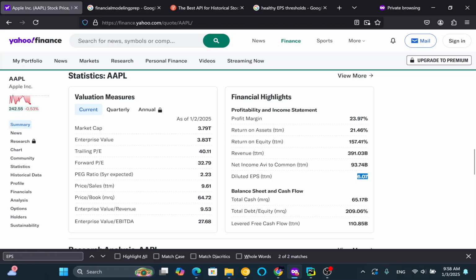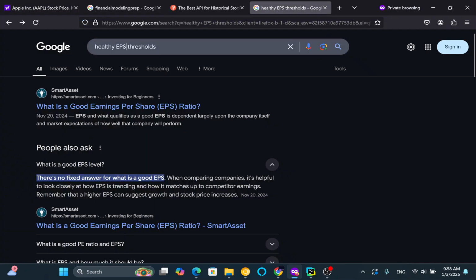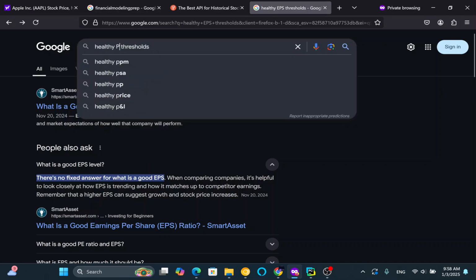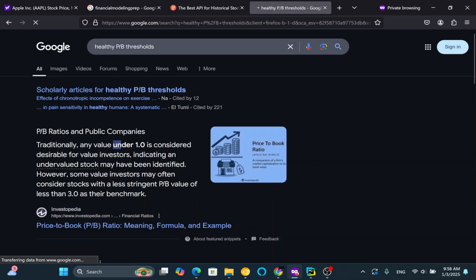It's 64.72. Let's check this one as well. Thresholds. Any value under 1 is considered desirable for value investors, indicating an undervalued stock.